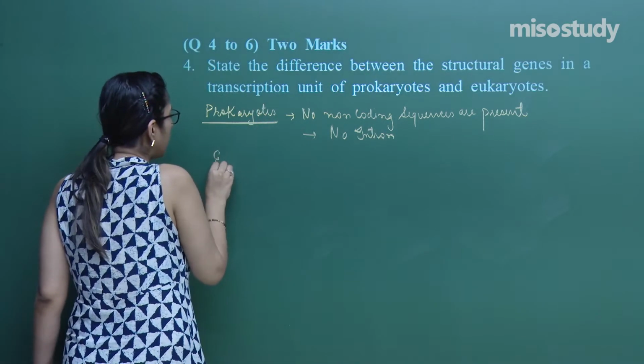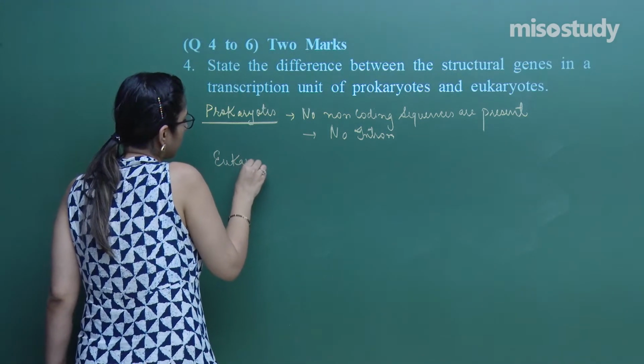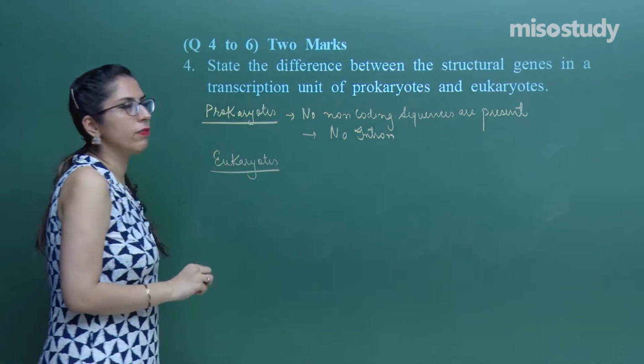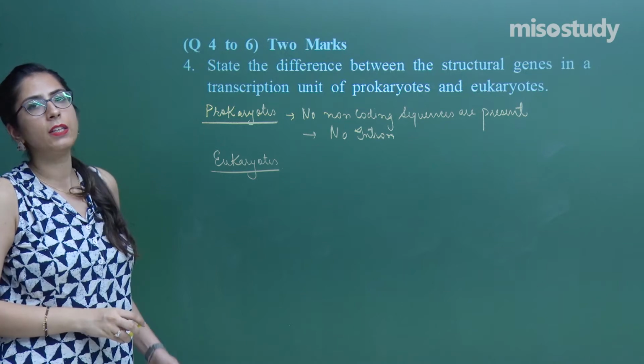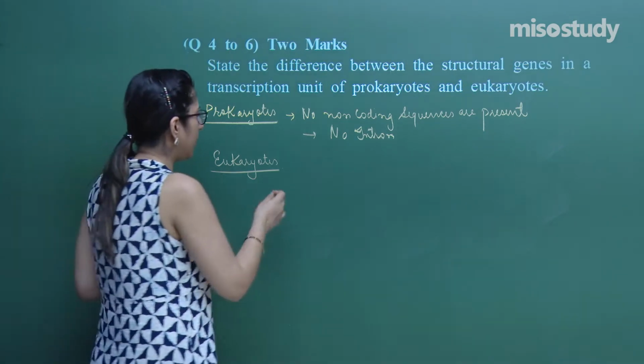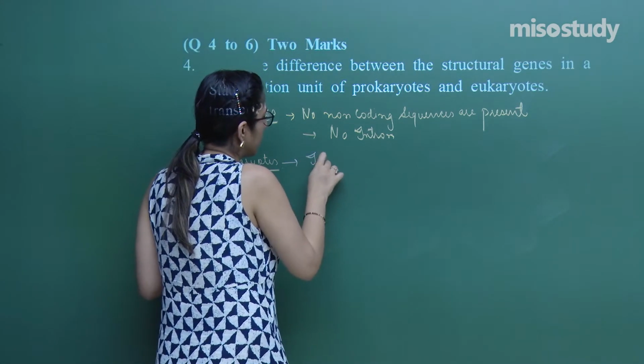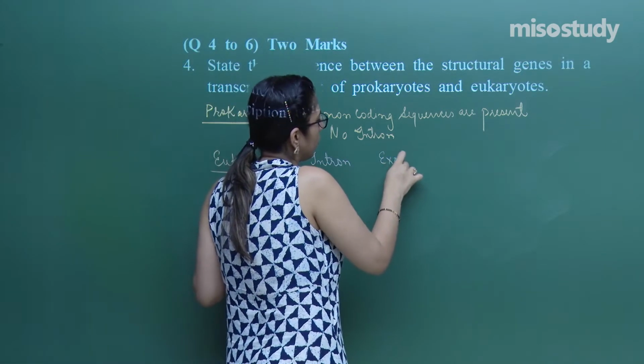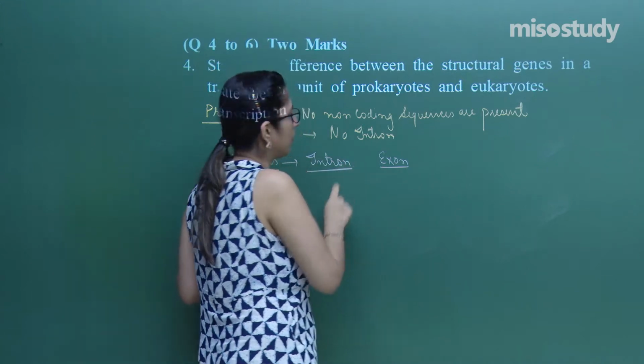Whereas when we talk about the structural gene of eukaryotes, they have introns present in them. They have 2 regions, basically intron and then exon, right?